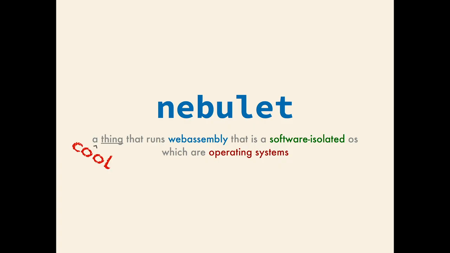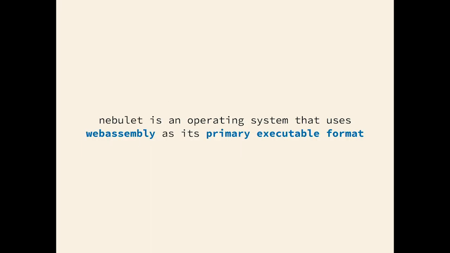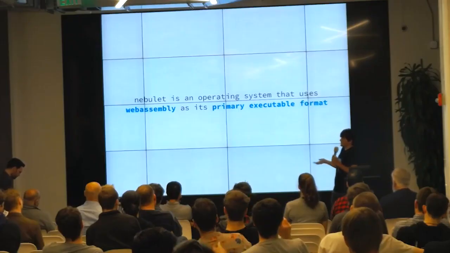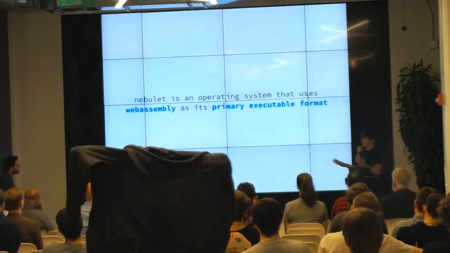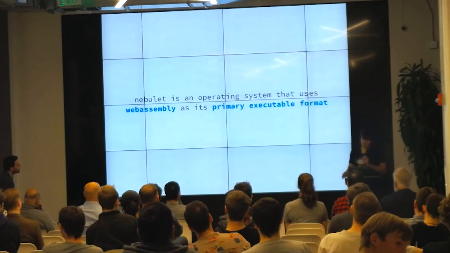And if you move the words around while cutting off the cruft, you end up with: Nebulet is an operating system that uses WebAssembly as its primary executable format. It just means that it only runs WebAssembly. It's like on Windows, if it were a .exe, or on Linux, an ELF binary. It's just a WebAssembly binary.